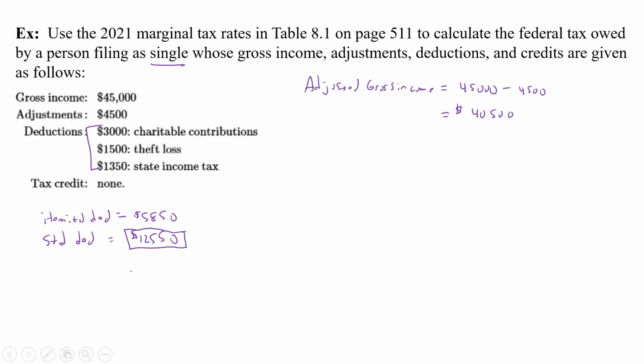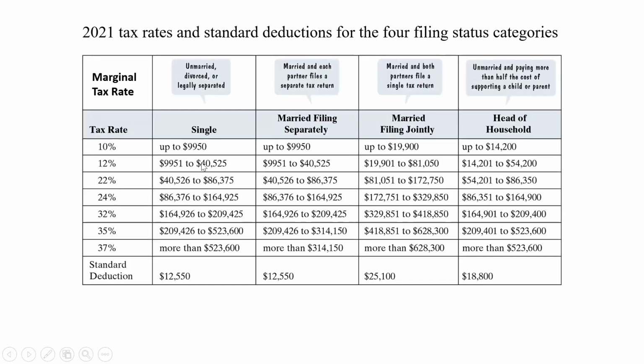So that's our next step, and that's to find the taxable income. That's going to be our 40,500 minus the 12,550, and that gives us a taxable income of $27,950. All right, so that's how much we have to pay tax on. Now, where does that put us? Again, we're in the single column, and so that puts us into this area right here.